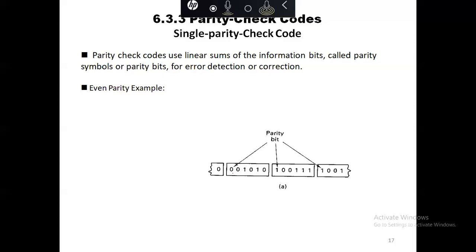So a zero parity bit means that there are two ones, and one means that there are three ones, and by adding one they have an even number of ones. And here it is one because there is a single one. So this is the even parity example. Similarly, we set the odd parity. Here we have one, here we have zero, and here we have zero. So this parity is checked to see whether the data is correct or not, and then we ask for retransmission.